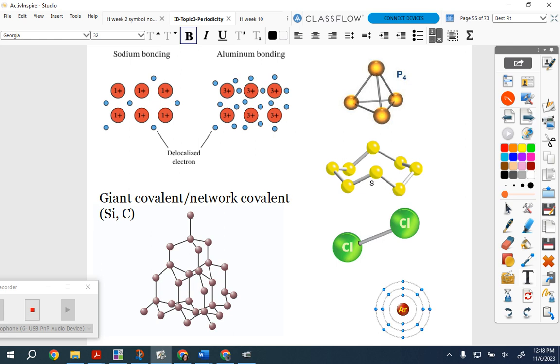You can see that the aluminum has more electrons in the sea because it has more valence electrons than sodium. It's going to lose all of those electrons to that sea of delocalized electrons. And so you can imagine that the forces holding this together as a structure are a little bit stronger in the aluminum than they are in the sodium, right?